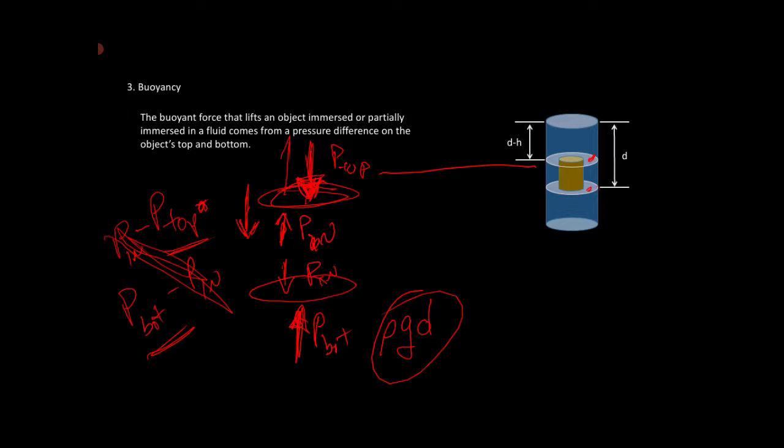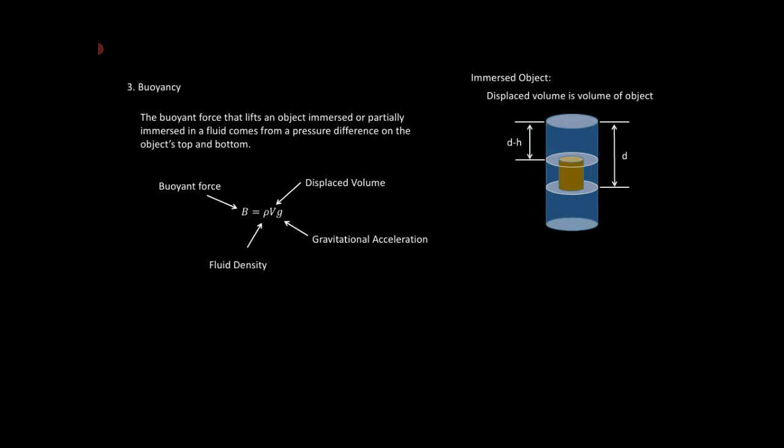So that means you have a rho g d from here minus a rho g (d minus h) from here, where h is the height. So we get, or it should be rho, I'm sorry, the density times g times the height of this cylinder. So that's what's causing that pressure difference, that's what's causing that buoyant force.